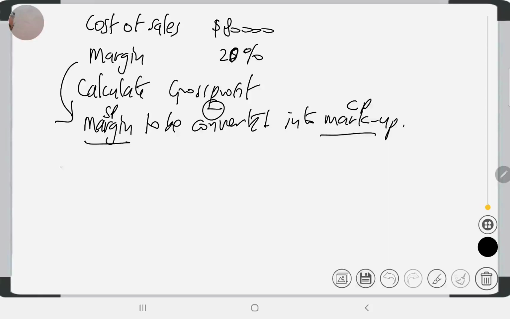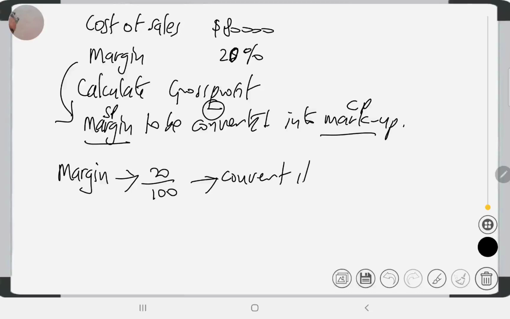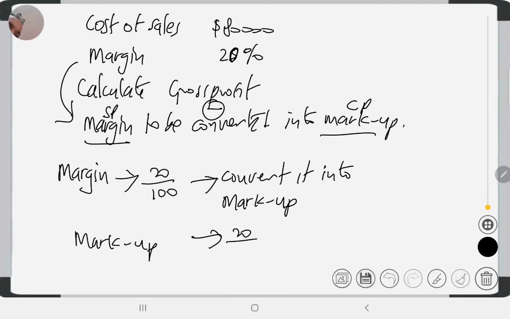So in this case, margin is equal to 20/100. We have to convert it into markup. This will give us markup of 20/80. We have to subtract from the denominator. Now we can calculate gross profit.